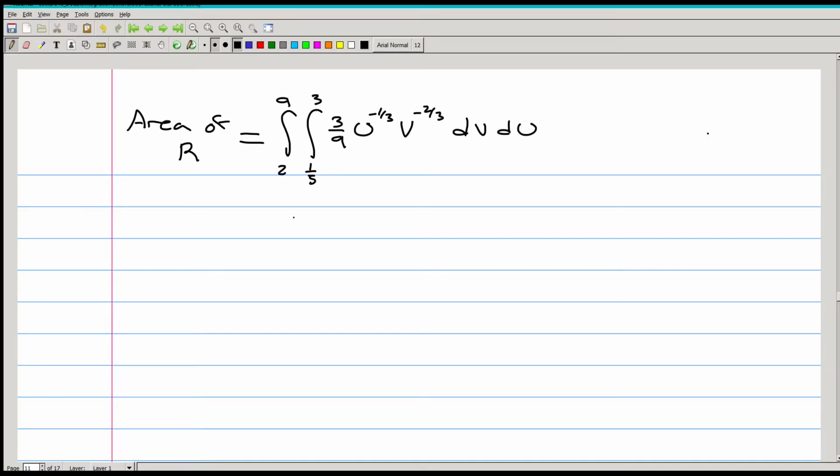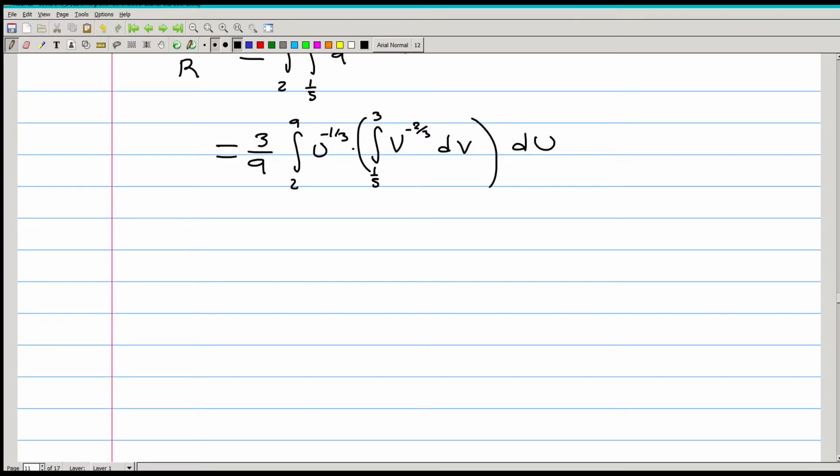And this is a relatively straightforward integral to go through and evaluate. First off, the constant will come out. This will be 3/9. And not only that, we have a function of u here and a function of v here. So when we go through and integrate, this is going to become the integral from 2 to 9. u doesn't depend on v, so that comes out of the integral. We do our iterated integral first.